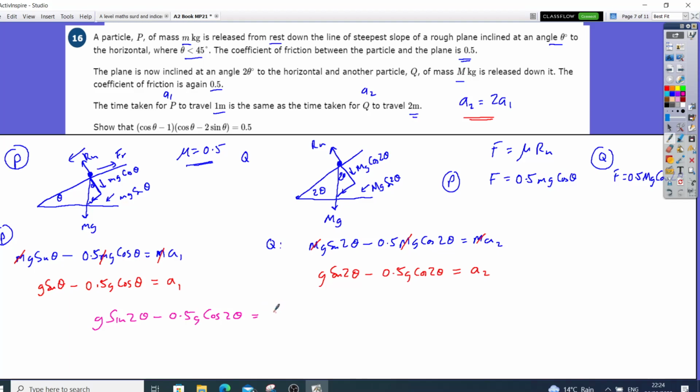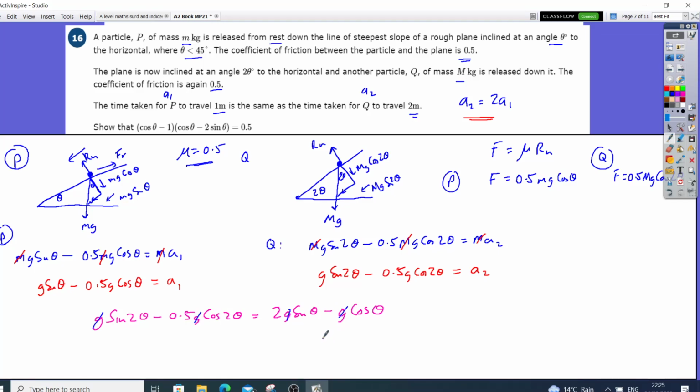So that's going to equal 2 g sine theta minus, now if you double that, double half is 1, so that would be minus g cos theta. So I've literally timesed all that by 2. Now I'm keeping an eye on what I need. We've got g's everywhere, so what I could do is just cancel the g's out.